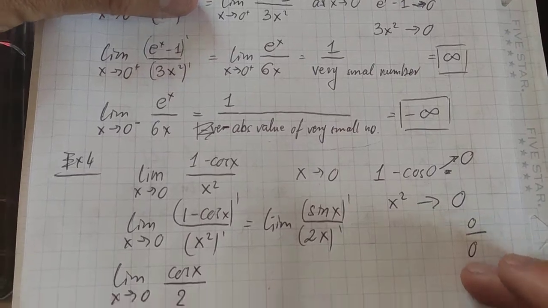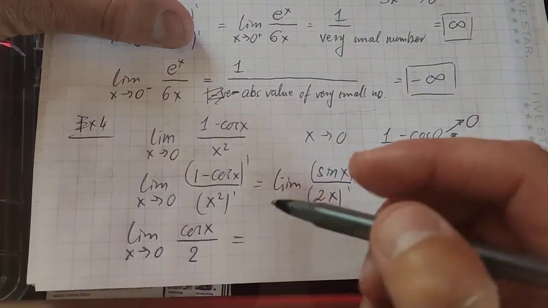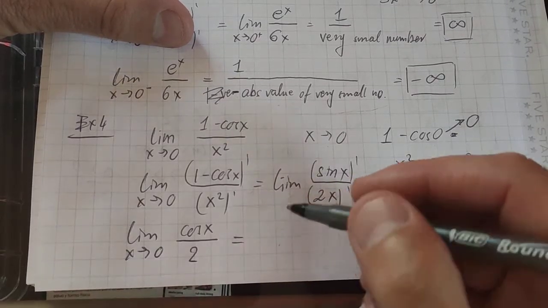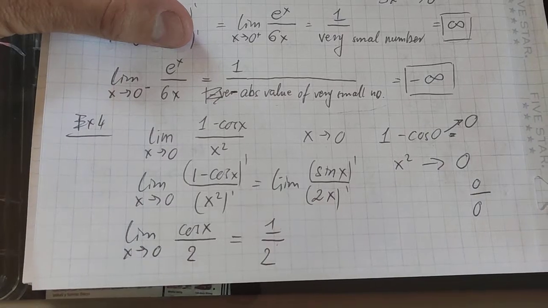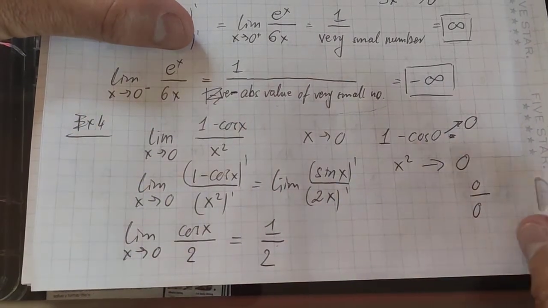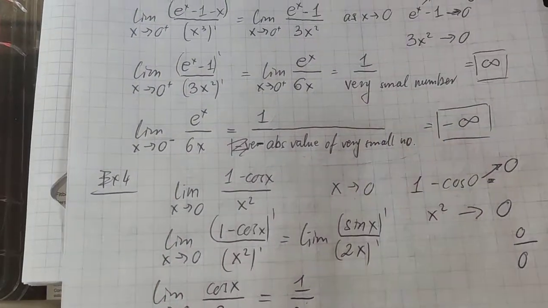Okay, so now we can evaluate it, right? So if we plug in 0, I get cosine of 0, and that's 1, over 2. Okay, so I want to look at this problem a little deeper.